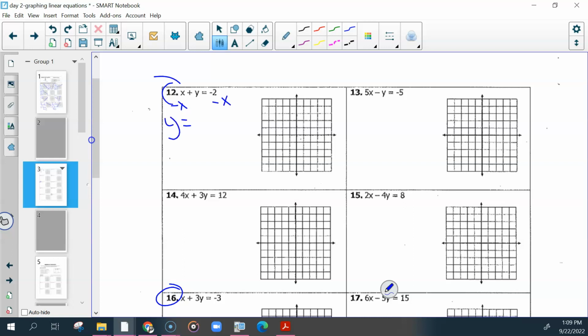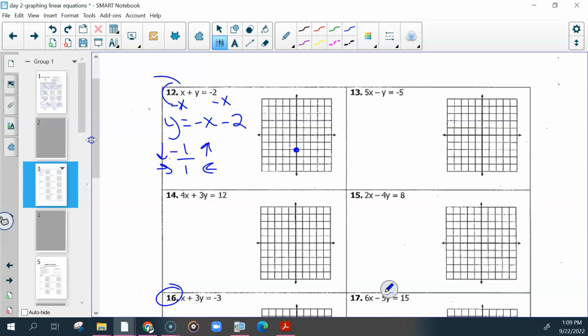Y equals, switch the order of these two, minus x, or negative x, minus 2. We don't have anything next to y, so we don't have to do anything else, except graph it. So our y-intercept is at negative 2, our slope is negative 1.